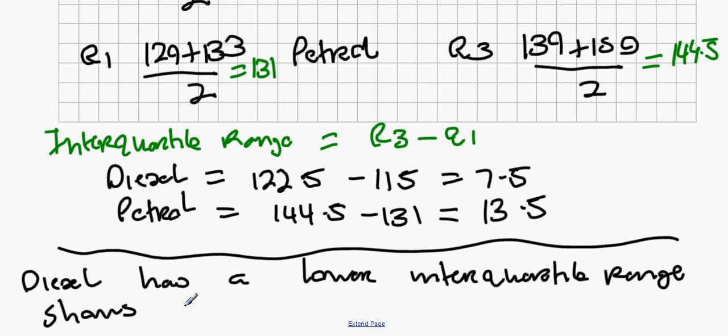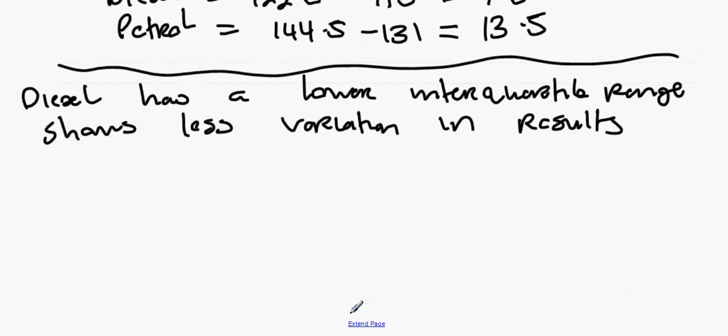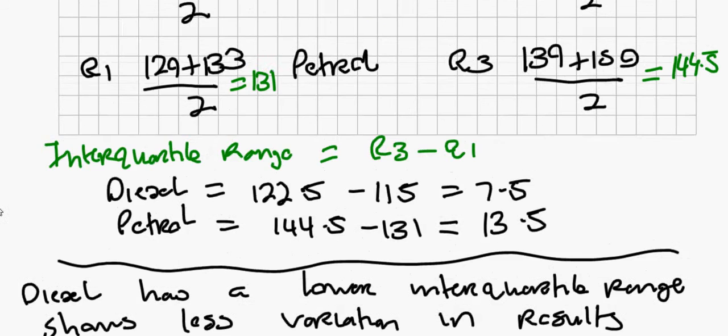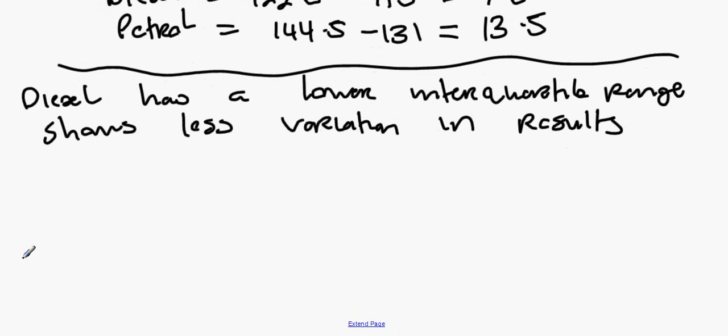Shows less variation in results. Now always refer back to the question. Less variation. That's one of the words in the question. Greater variation. I'm saying it shows less variation in results than the petrol.